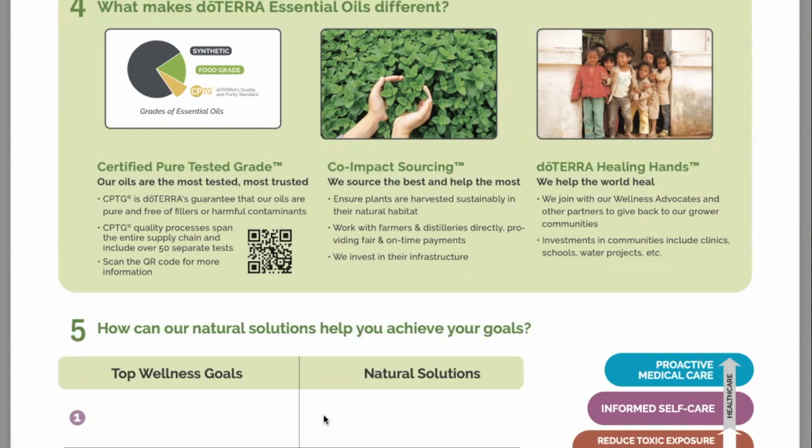Then the third way, one of my favorite things, is the doTERRA Healing Hands Foundation, where they support different communities.